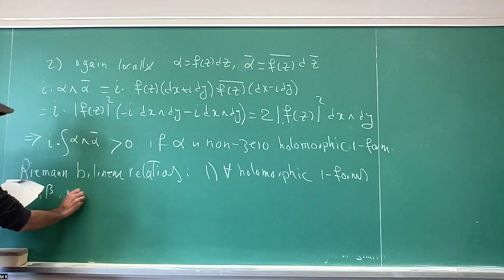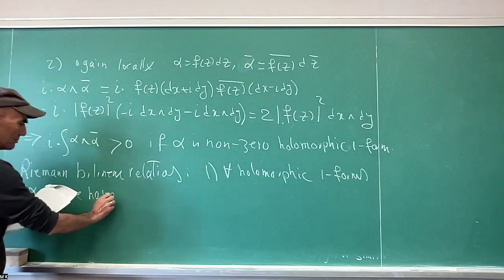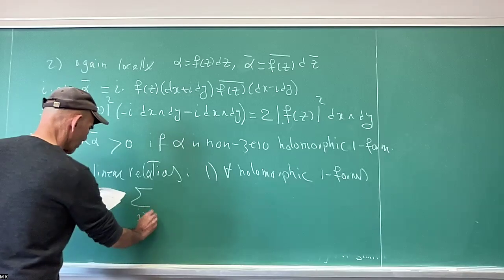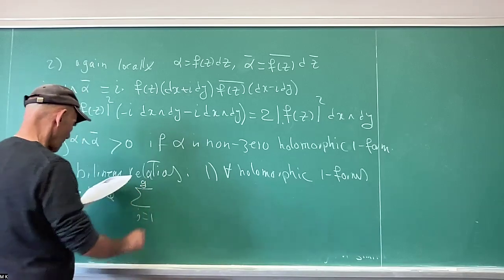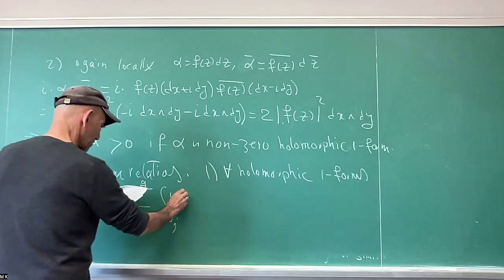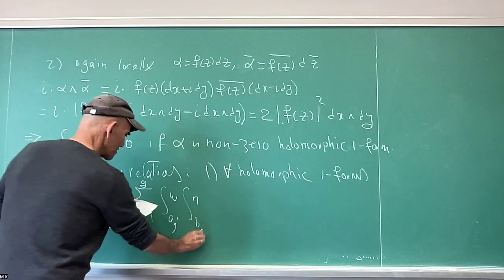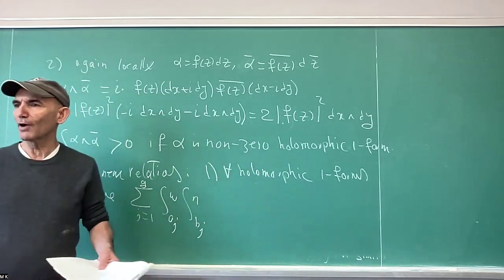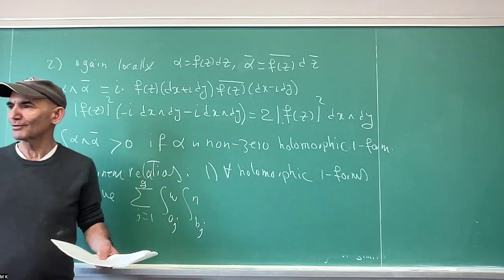We have the sum over j from 1 to g of the integral of omega over a_j times the integral of eta over b_j. It's really the same thing. We just wrote x minus y equal to 0 as x equal to y. That's what we are doing.